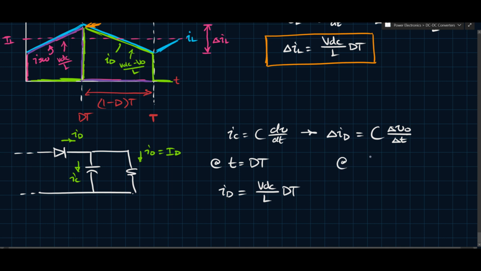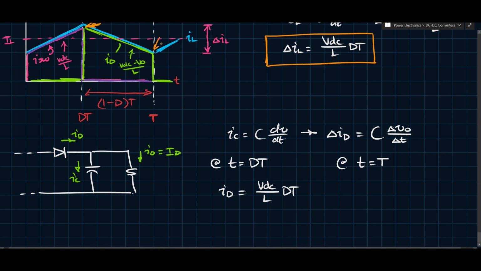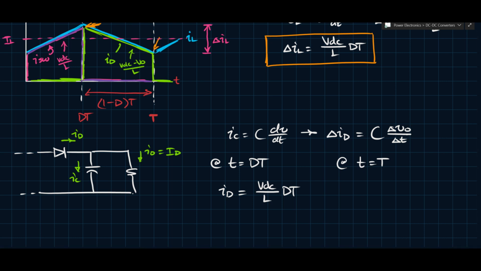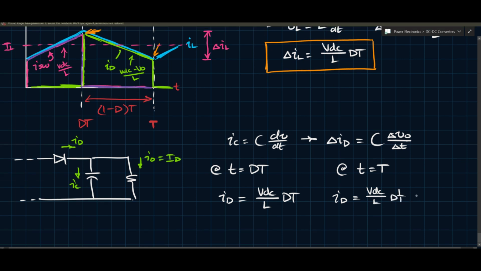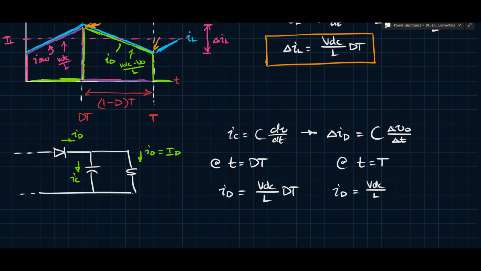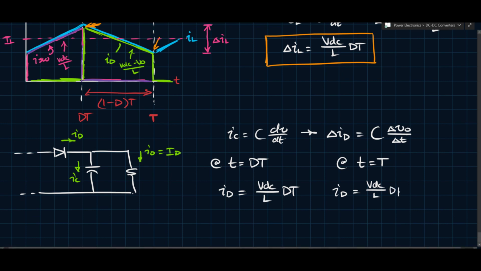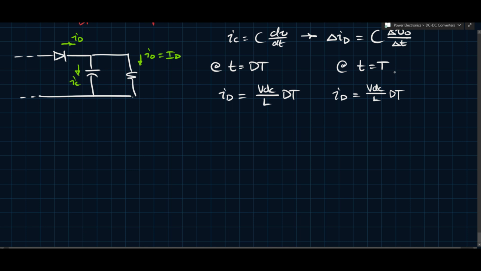And then I know that at T equals T, so that's at the end of the period here, the diode current has basically started from an initial value of VDC over L times dT, which is what it was previously at T equals dT.